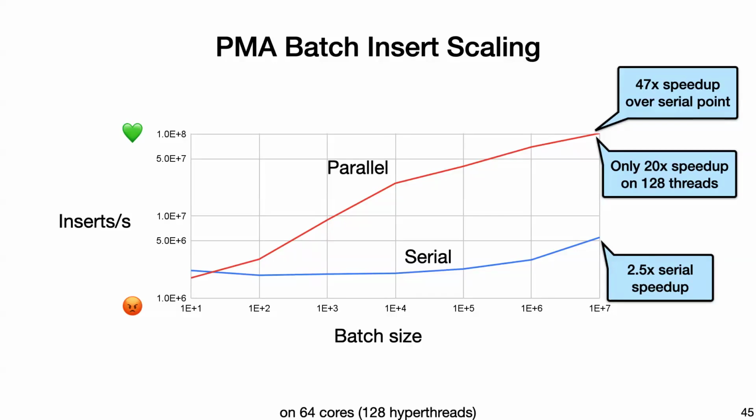However, if you compare this one and this one, this is only about 20x on 128 threads, which is not ideal. The whole red line is on 128 threads. All points here are on 128 threads. The only thing that changes is the batch size. So we want to fix this because a 20x speedup on 128 threads is fine, but it's not great.